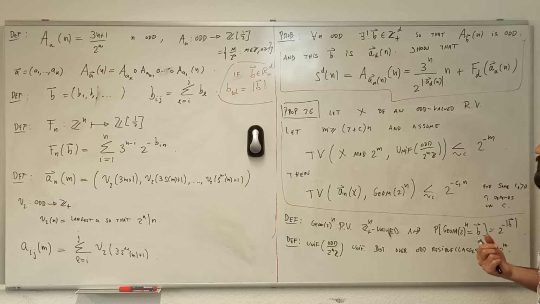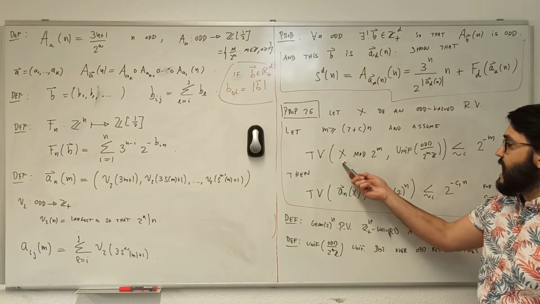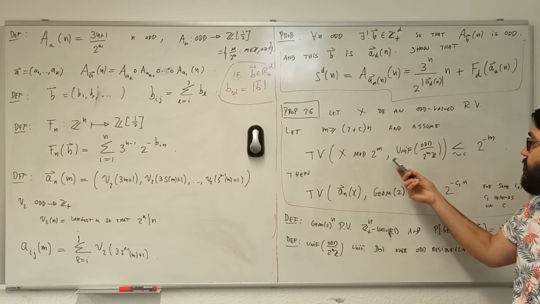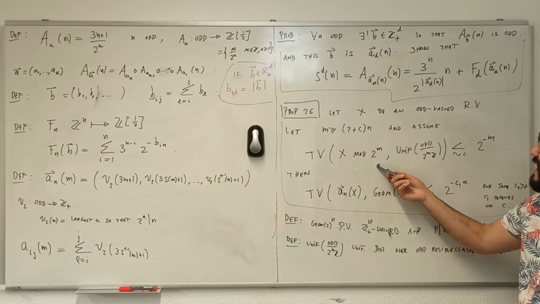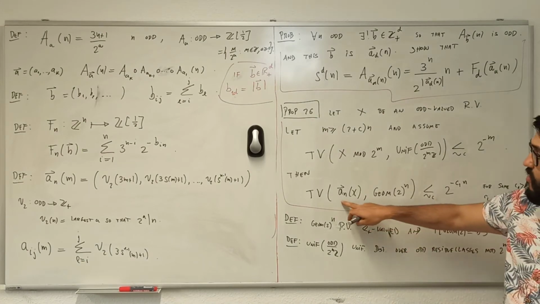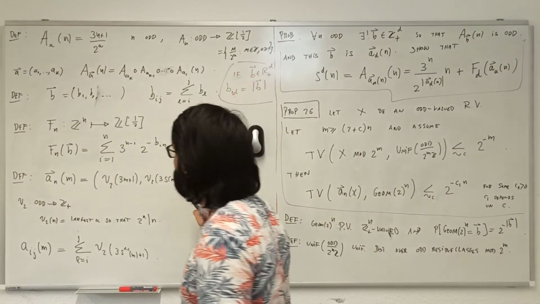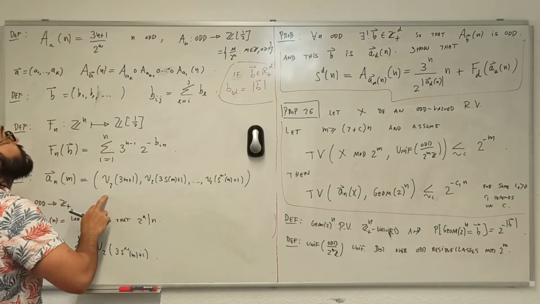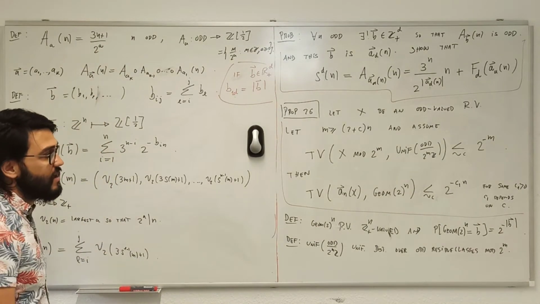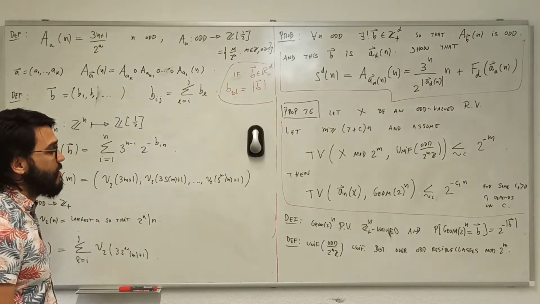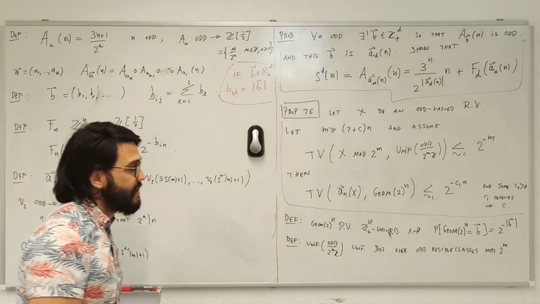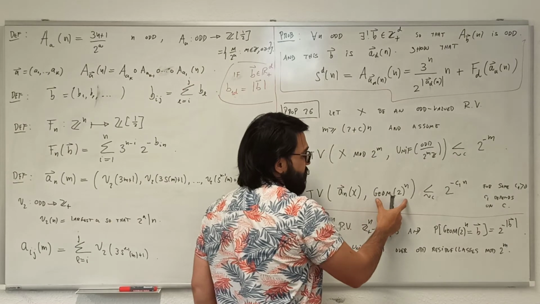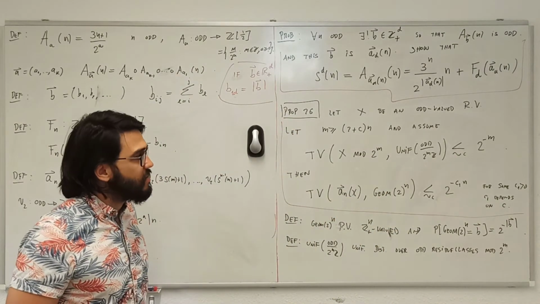So what is this proposition saying? This proposition is saying that if x is close to being uniformly distributed modulo 2m, then when you take these powers, these coefficients of the powers of 2 that you have to divide the numbers by to be able to compute the iterates of the Collatz map, this guy is close to being a geometric distribution.